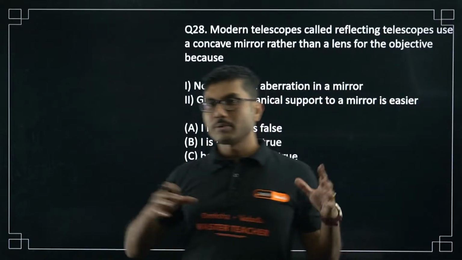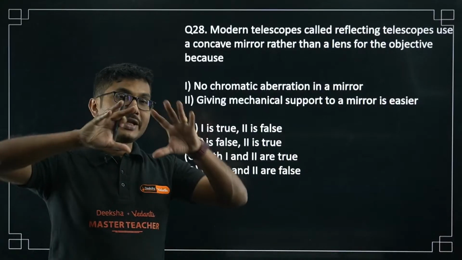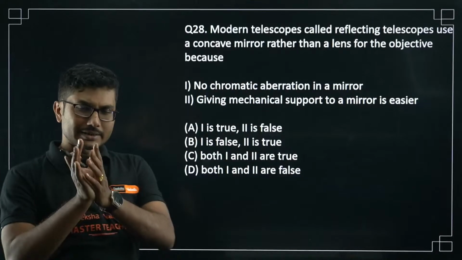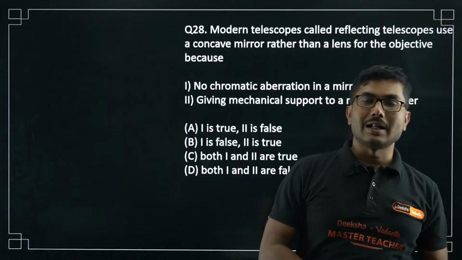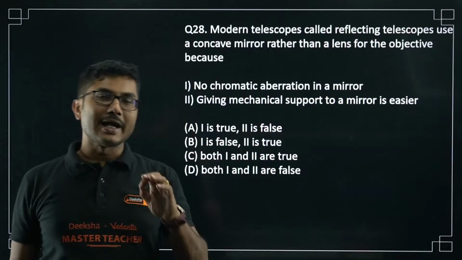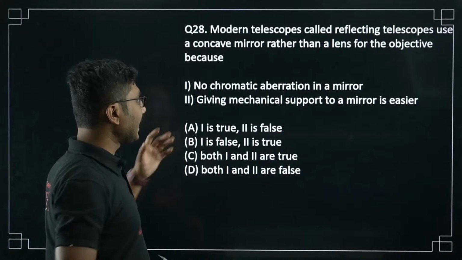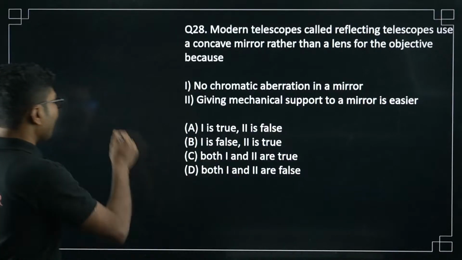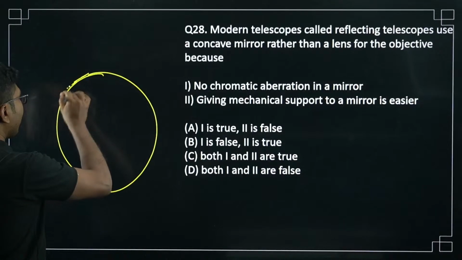Most of the common telescopes are reflecting telescopes, because you can use a very large mirror. There are some drawbacks also, but the main reason is that you can collect a large amount of light coming from a very distant star. So even if the star is very tiny, you can still see it clearly if you focus it properly. Secondly, for a lens you can only support it along the rim.